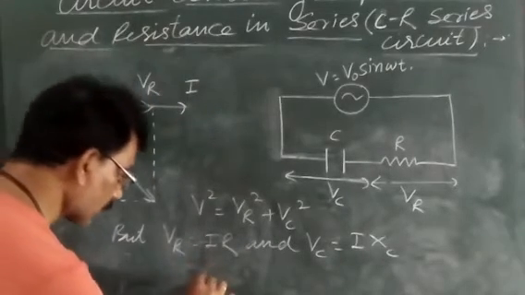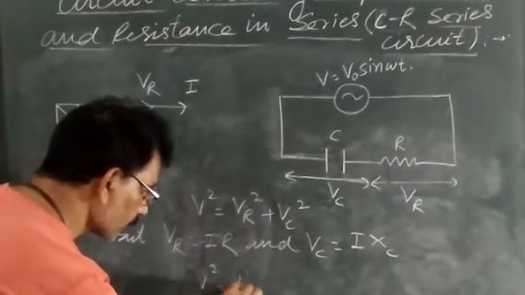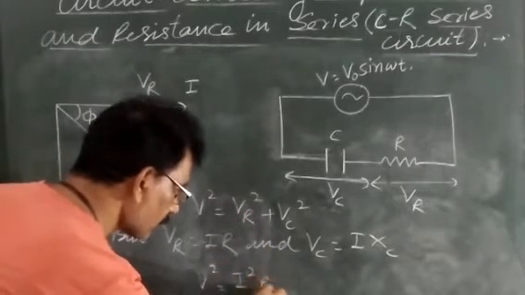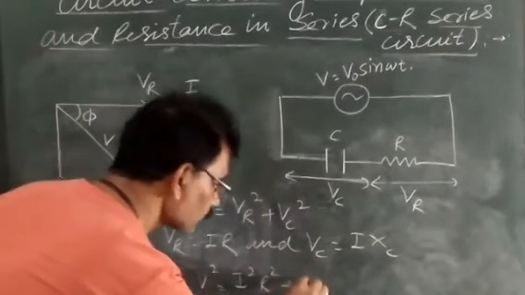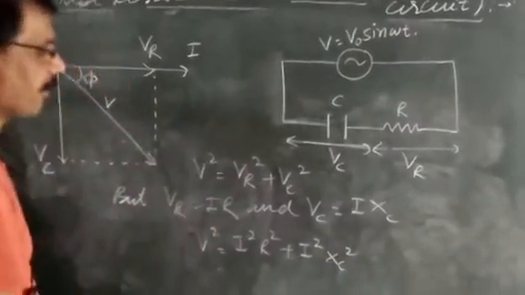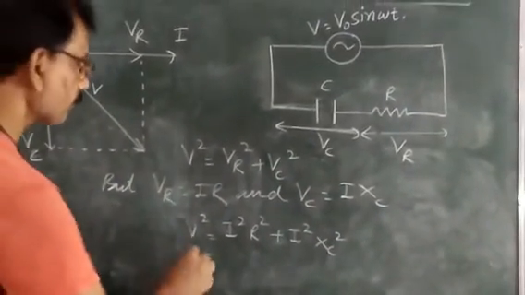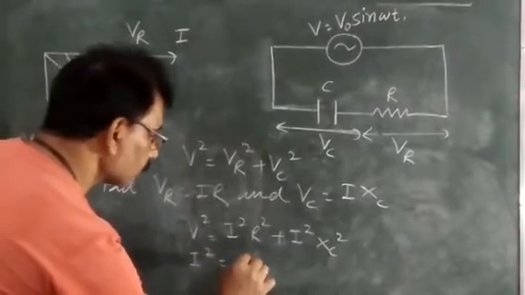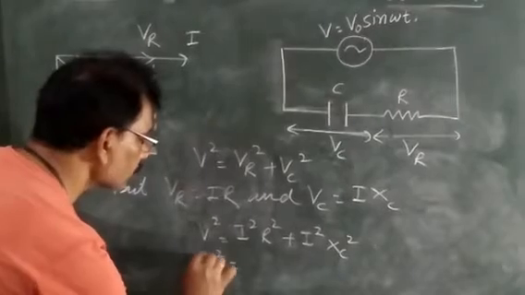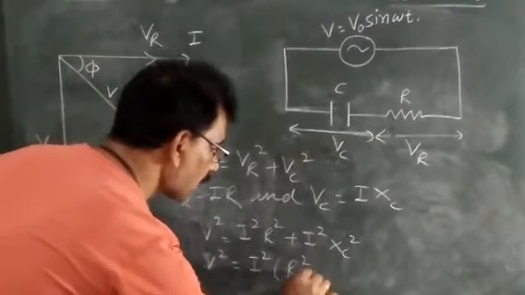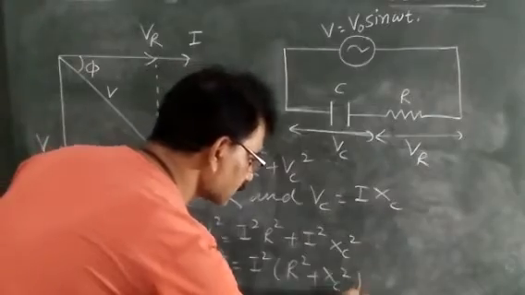Now you can say here V square is equal to VR square, which means I square R square, plus VC square, which means I square XC square. So V square is equal to I square times R square plus XC square.